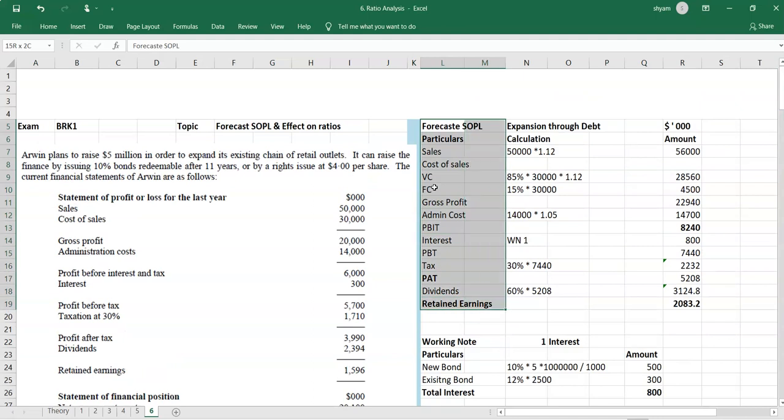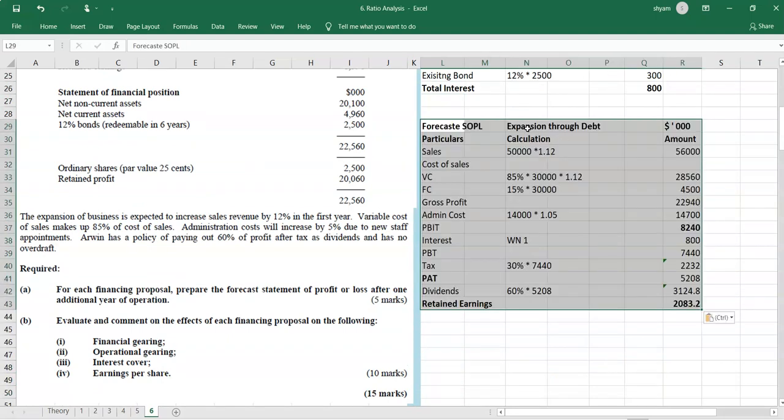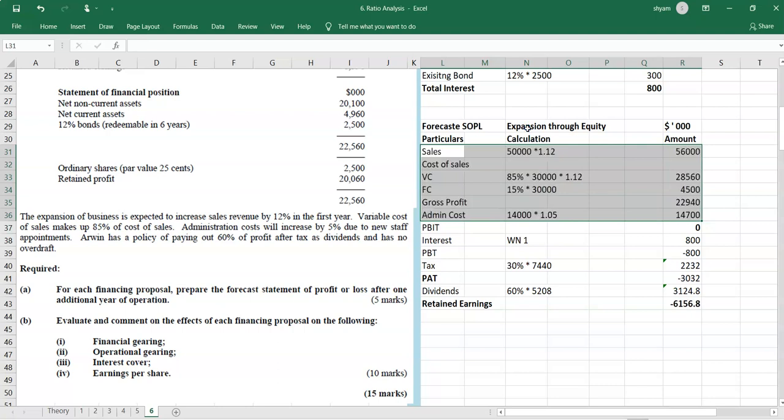So what we'll do, we'll copy the full one, right? Expansion through equity we'll put, and we don't need up to here because it's going to be the same only. So why should we need it?